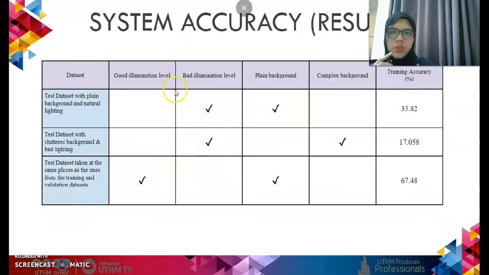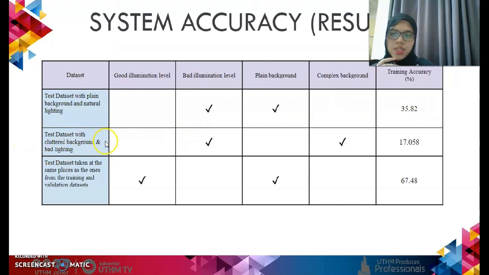Here are the results from the accuracy testing. For the test data set with plain background and natural lighting, the testing accuracy is 35.82%.